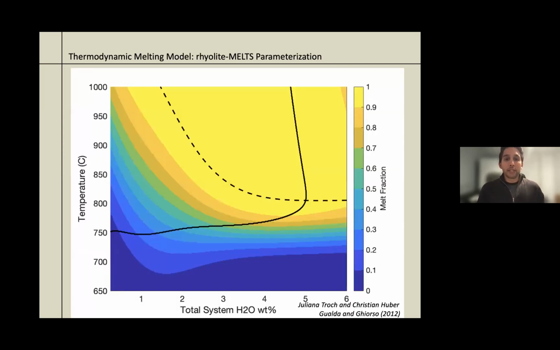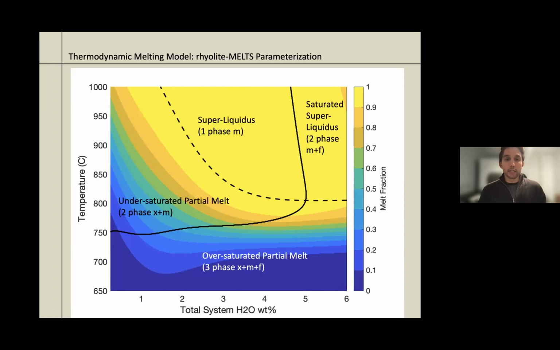And by doing this, you can create these plots showing the full parameter space of the parameterization with y-axis of temperature, x-axis of total system water, and then the colors are melt fraction. And this plot is divided into 4 regions. You've got the superliquidus phase up here with only one phase, it's just pure melt.